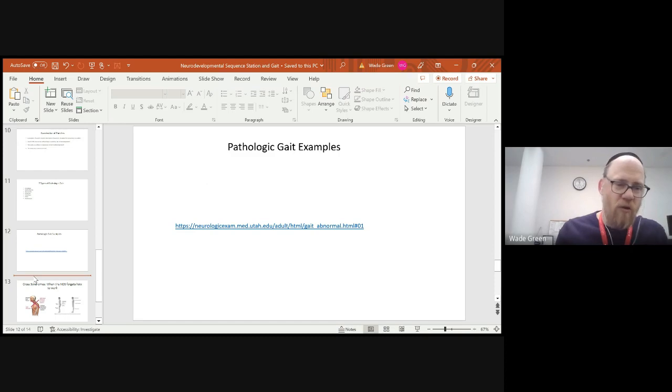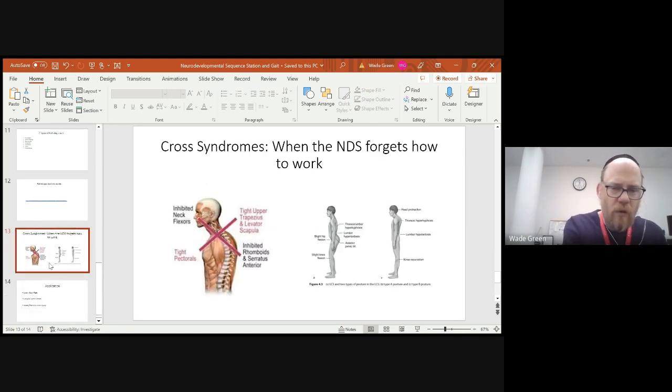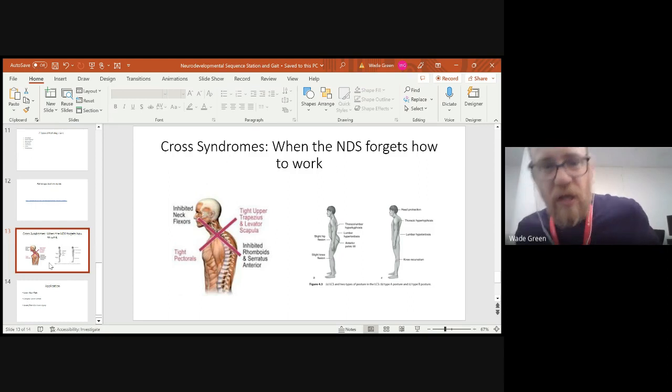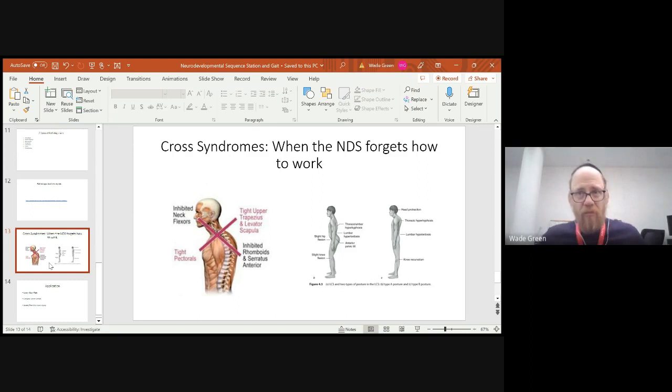Okay, guys, we're almost there. We've only got a couple more slides left. One of the things you're going to see a lot, particularly with people who have chronic problems like neck pain and back pain, is that what we're treating are chronic problems due to muscular imbalances, and a lot of times that looks like postural changes.